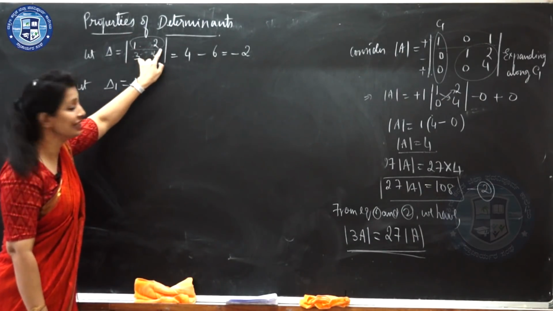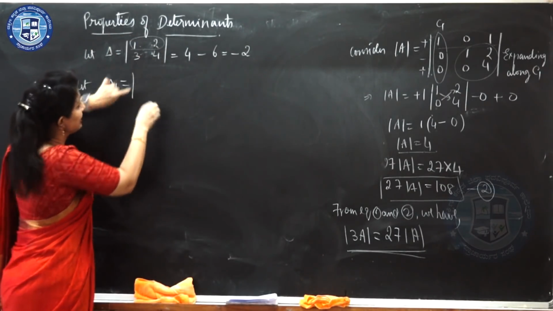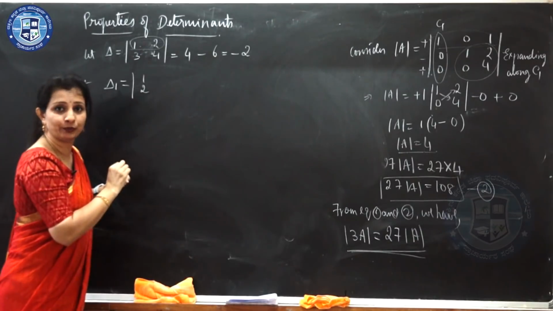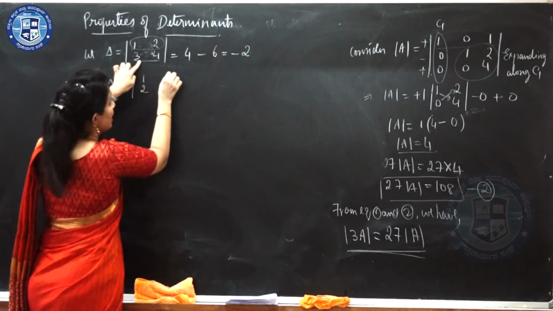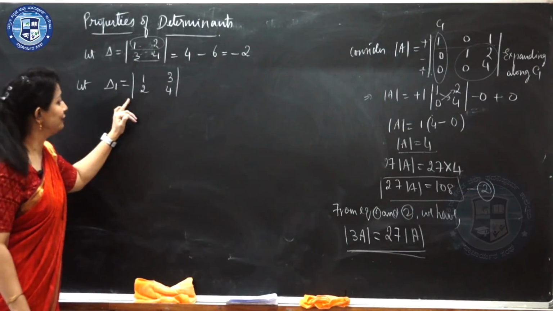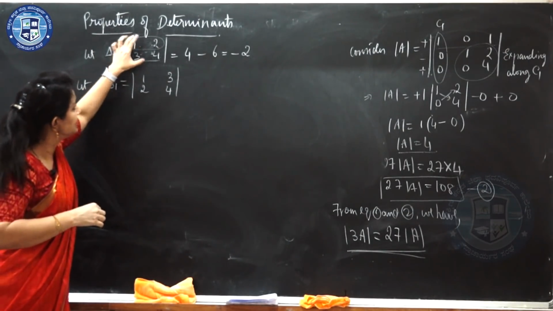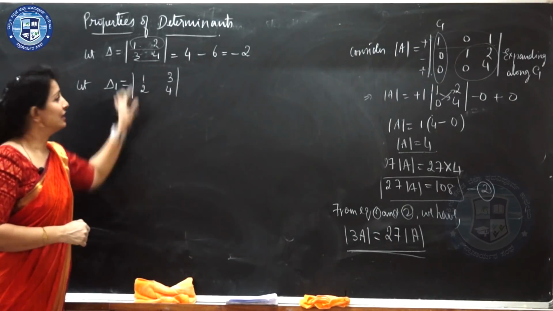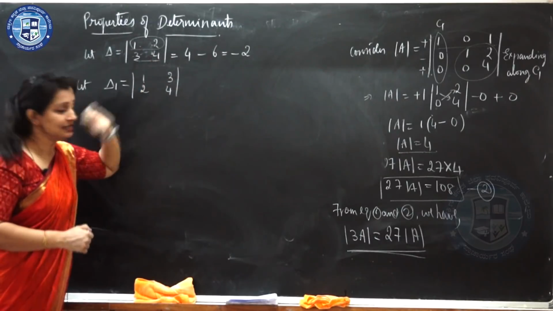So, the first row changes to the first column, 1, 2. The second row elements, 3 and 4, we write in the second column. Okay. Now, we got one more determinant. In which way did we get it? By interchanging the rows and columns.